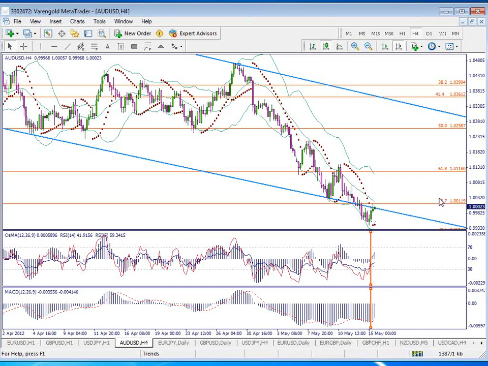So the pair can retrace from this 70 and make some swings into that inferior line of the channel. We have to wait maybe for the next signal.